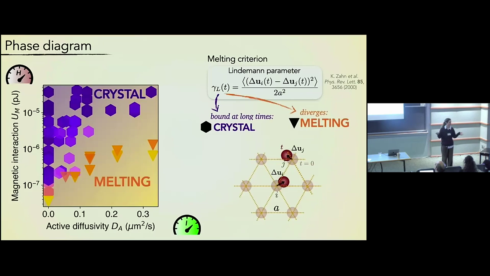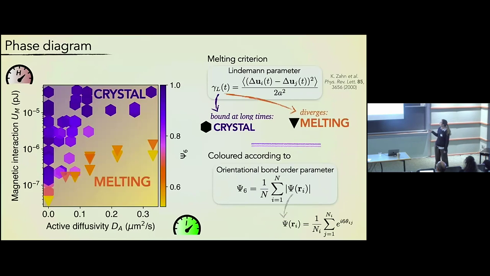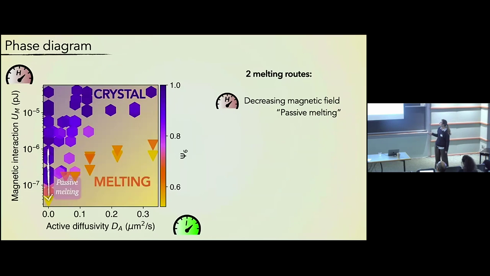And this is a local parameter that can be done in smaller systems. So we just separated the system between crystal and melting using this Lindemann parameter, and in here we just colored it so you can see according to the orientational bond order parameter.